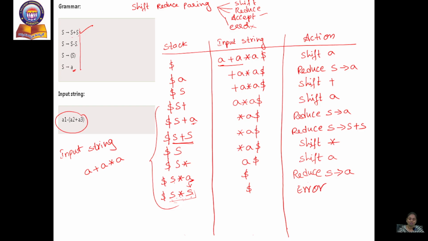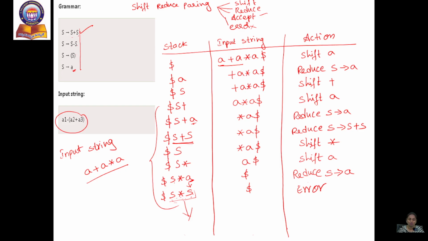Why? Because further we cannot parse this by doing any shift reduce actions, so we will consider it here as an error, and we can say the given input string A plus A into A is an error input string for the given grammar. We should not say this grammar is accepted or rejected.